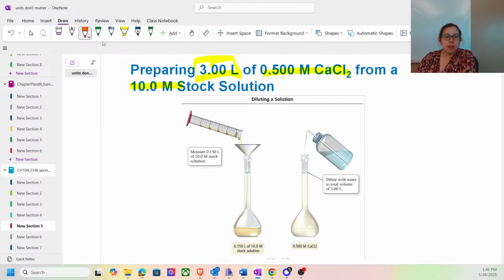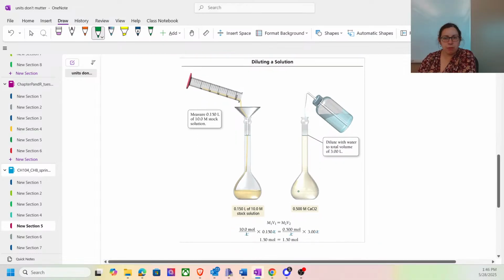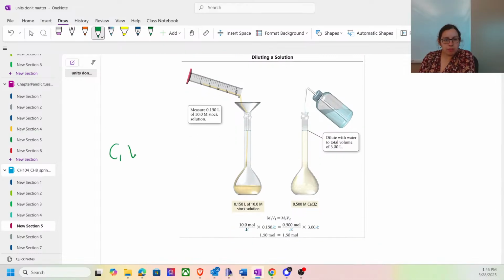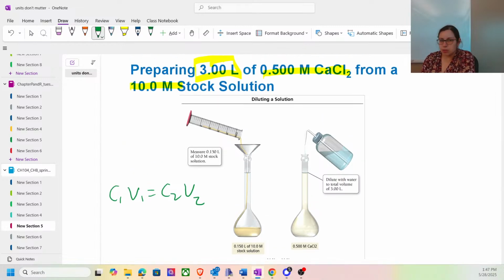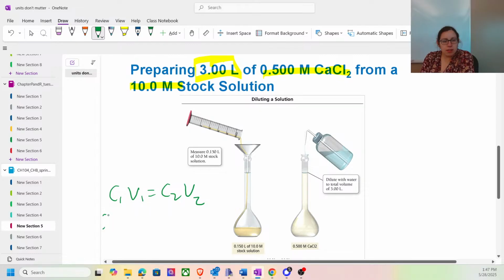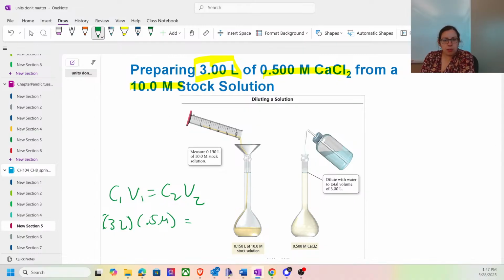Again, we'll set up our nice formula. I'm just going to call these C1 and V1 since that's just one set of conditions. So 3 liters, 0.5 molar equals, and we're trying to figure out how much of our stock solution we need, so formally V2.